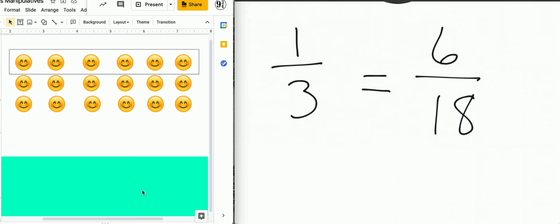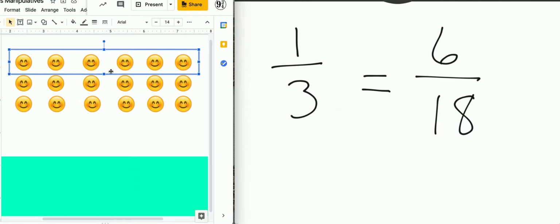Another possibility is we can count all the smiley faces, just the ones in the box. So 1, 2, 3, 4, 5, 6. And we can say that this could also be 6/18. Keep in mind that 1/3 and 6/18 are exactly the same.